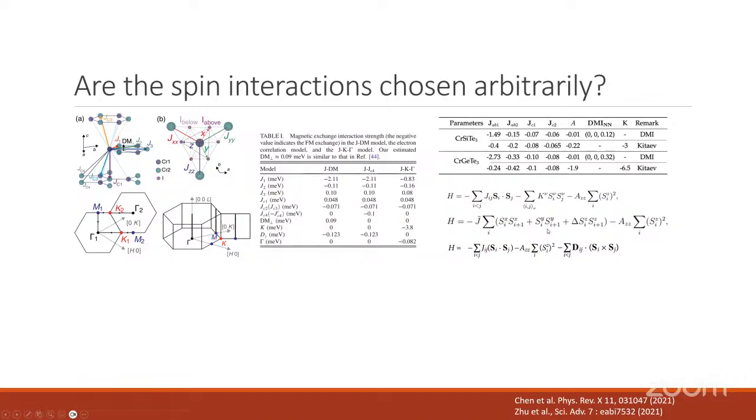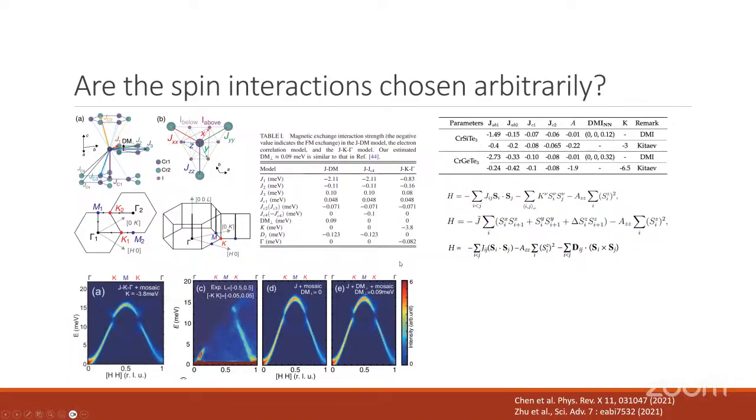And from common sense, the more parameters you have, the more likely it is that you could simulate and fit anything that you want. So people have tried either a Kitaev model or a spin model plus DMI interaction.